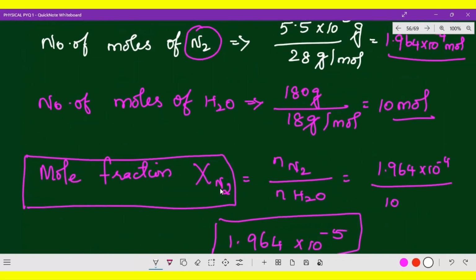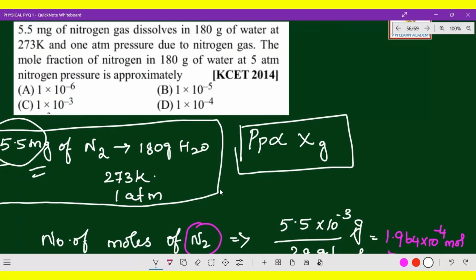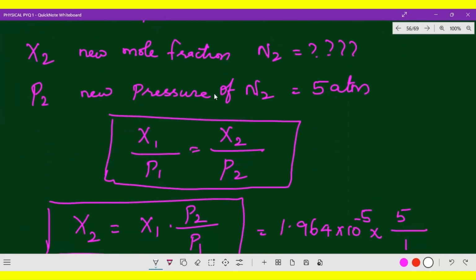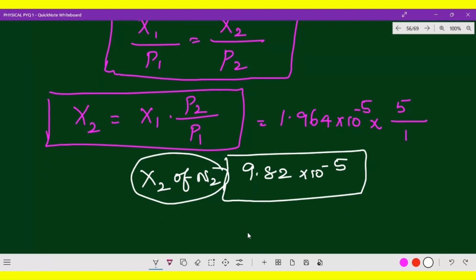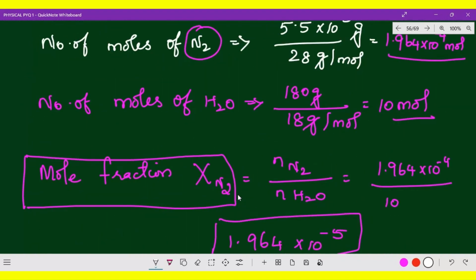So I have given the complete idea with this data. Which is the correct option? 1 into 10 to the power of minus 5.